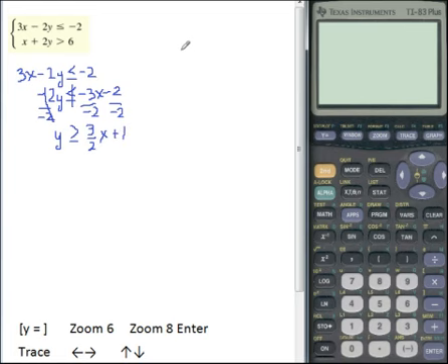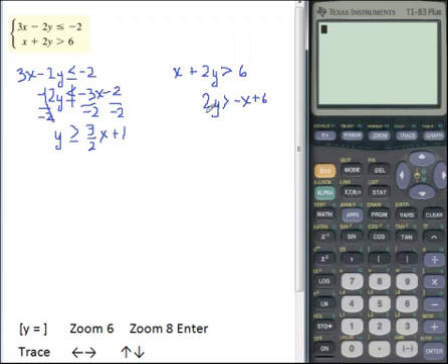Alright, let's take the other inequality and do the same thing. x plus 2y is greater than 6. And the first thing you're going to do is subtract x from both sides, and you'll get 2y is greater than negative x plus 6.